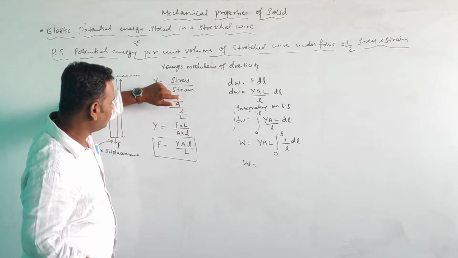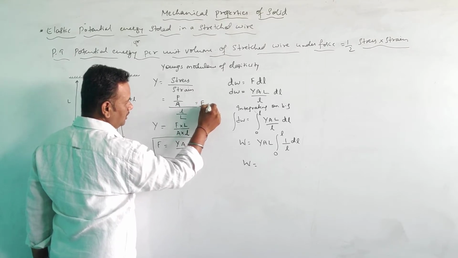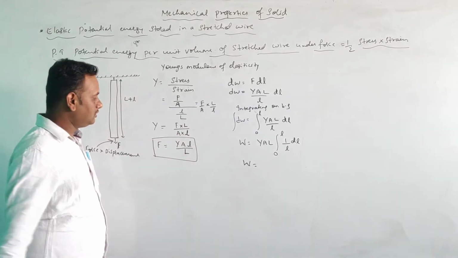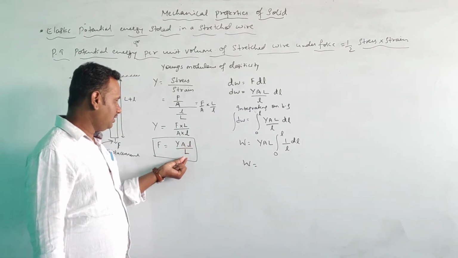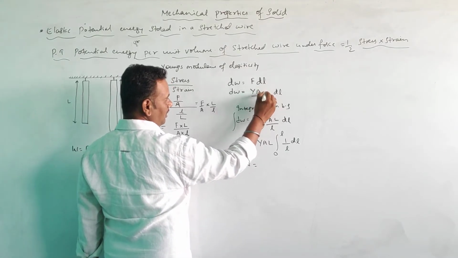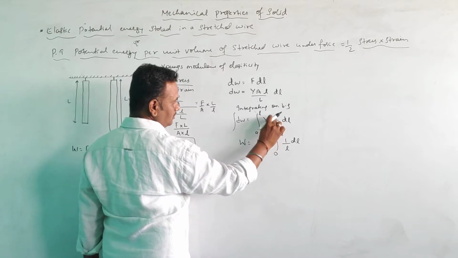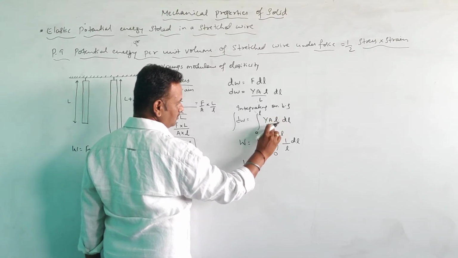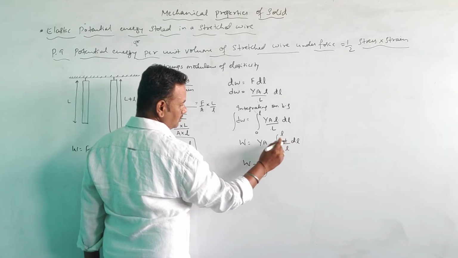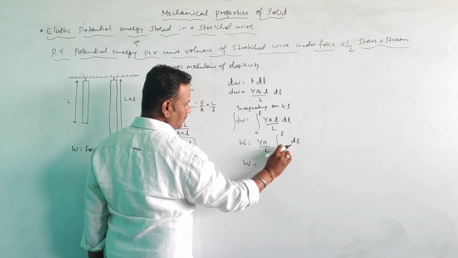This L goes to the numerator, F by A into L by L, so Y A by L divided by L. So here it becomes small l by capital L.